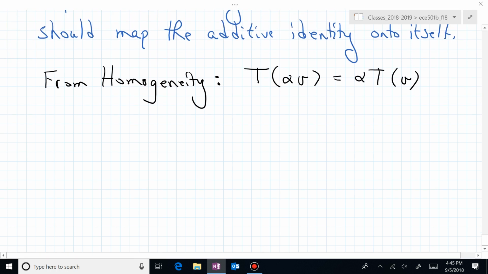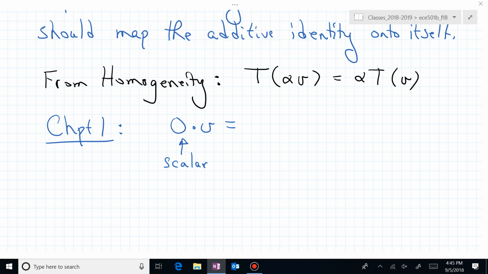So we can actually go back to chapter 1 and pull out a fact or a property where we now have a scalar times a vector. What would that give us? So now we have this overloaded 0 again. 0 times any vector gives you the 0 vector.